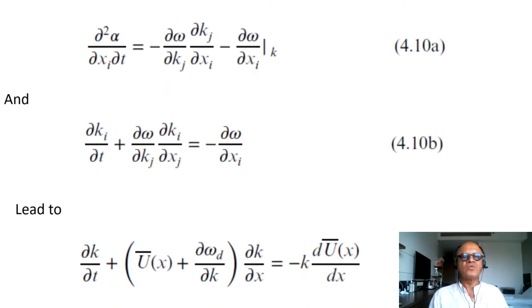This is again the equation we started with, and we wrote it this way, and this will lead to ∂k/∂t plus (ū_x plus ∂ω/∂k), where I'm saying d but it's partial, as you can see, this being the Doppler shifted frequency, times ∂k/∂x equals minus k ∂ū/∂x.